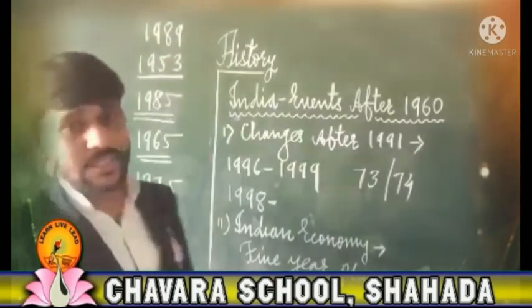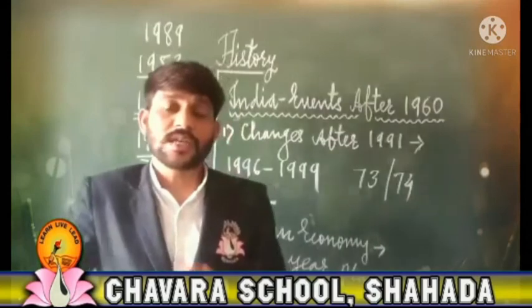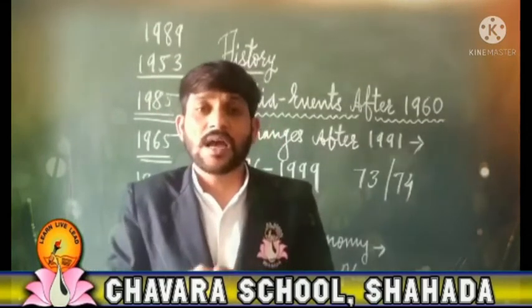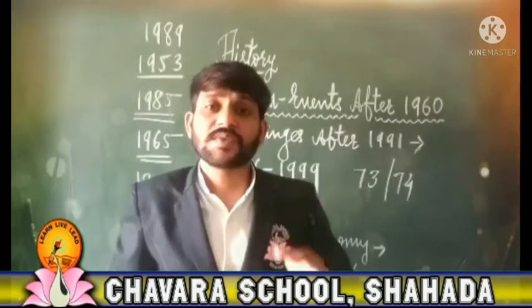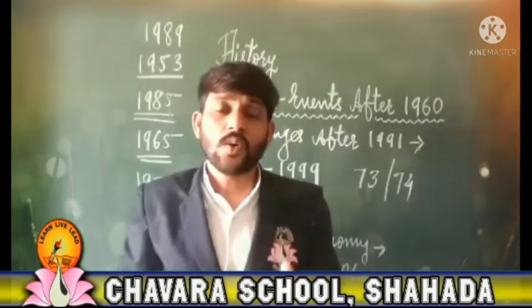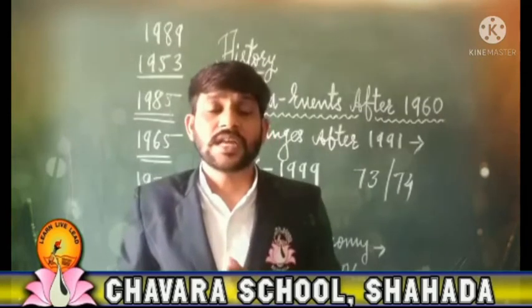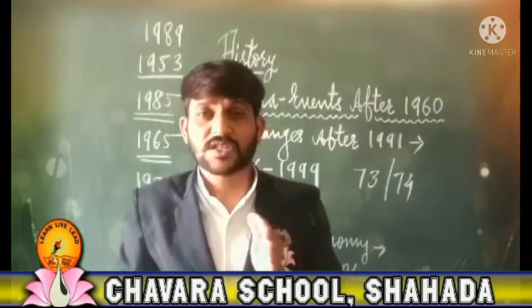The 1989 Atrocities Act. Because if any upper class or superior class did injustice to the backward classes, then to protect their dignity and status, there should not be any injustice with such classes.